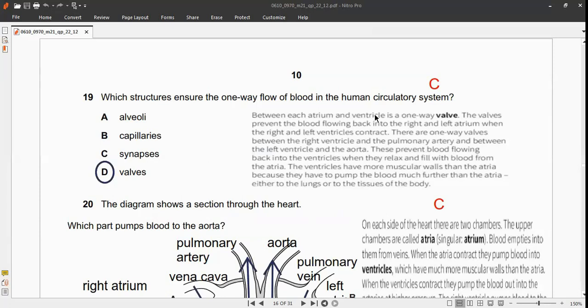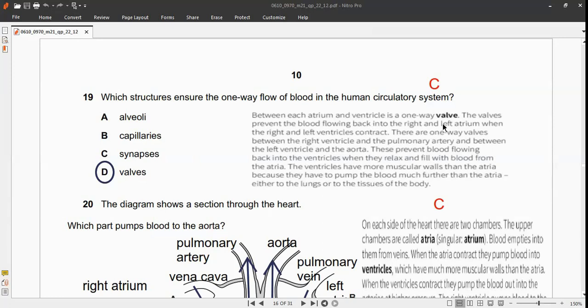So it's valves. Between each atrium and ventricle is a one-way valve. The valves prevent the blood flowing back into the right and left atrium when the right and left ventricles contract. There are also one-way valves between the right ventricle and the pulmonary artery, and between the left ventricle and aorta.